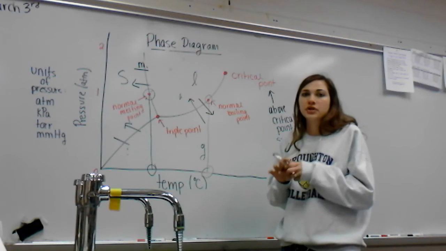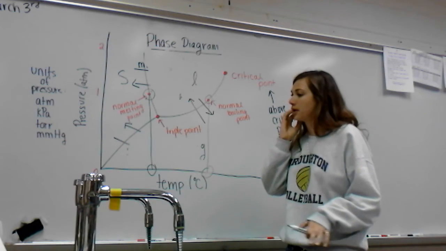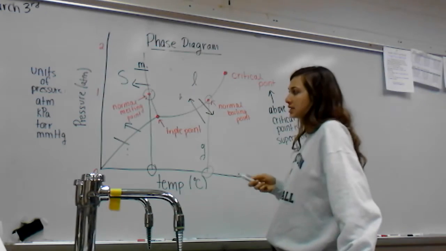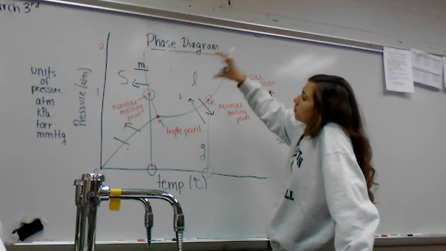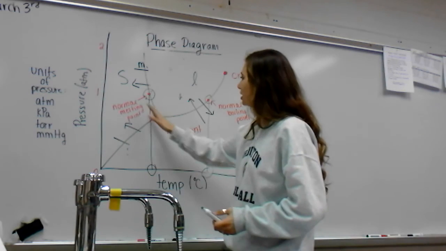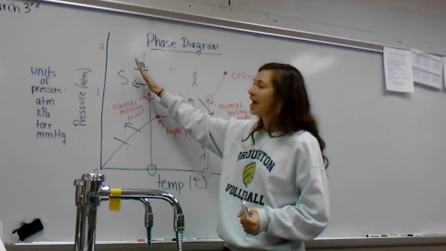So like I said, we're doing 2 different phase diagrams. We're doing one for water, and we're doing one for basically every other substance, which we'll represent with carbon dioxide. Now this is a water diagram. A water diagram has the equilibrium line between solid and liquid having a negative slope.